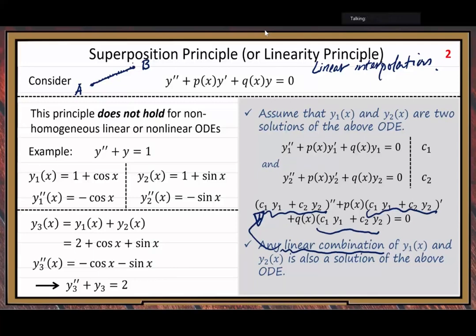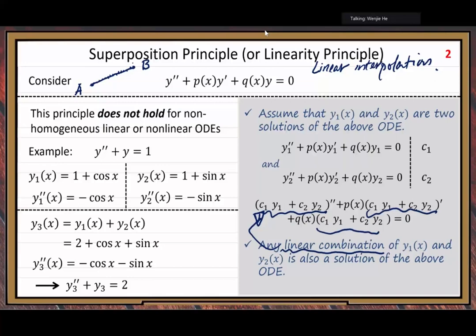But we need to write an equation for it, right? Here I drew the graph, but when you use linear interpolation to do some work, you need an expression, a formula for linear interpolation. Here, let me write the formula.